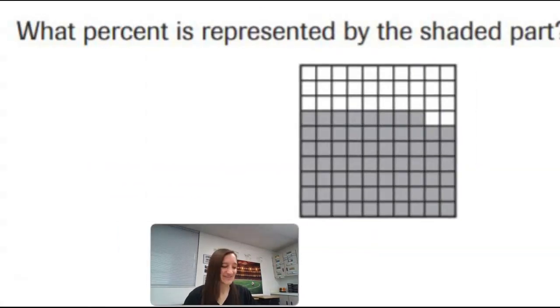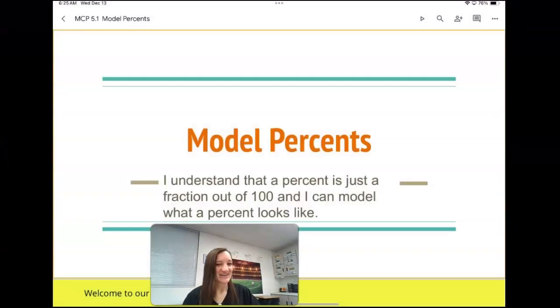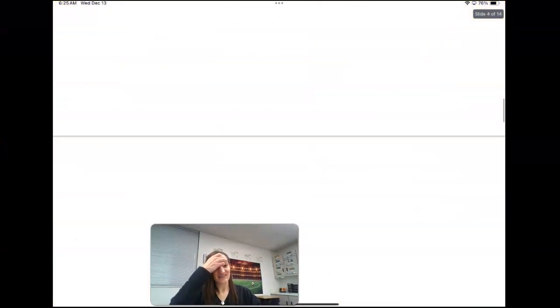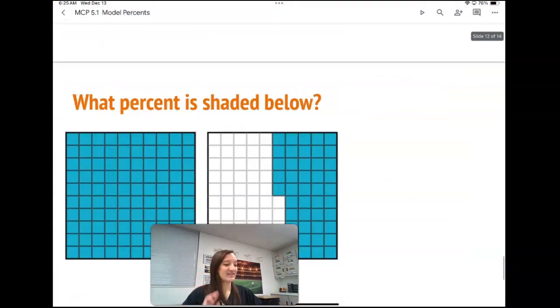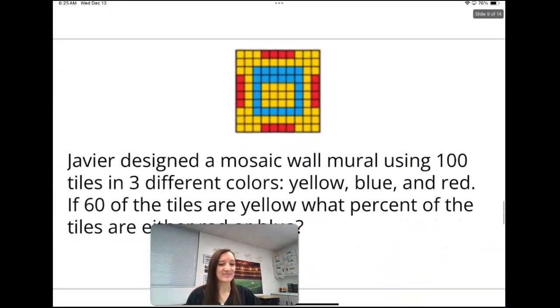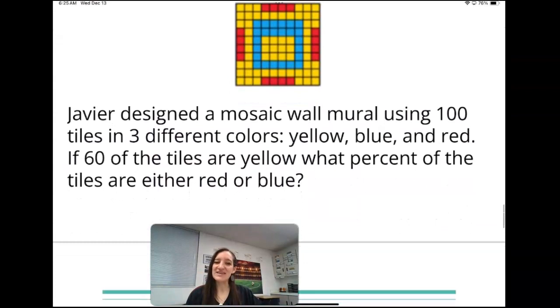In your notes, there is a question that looks like this. Javier designed a mosaic wall mural using 100 tiles in 3 different colors: yellow, blue, and red.